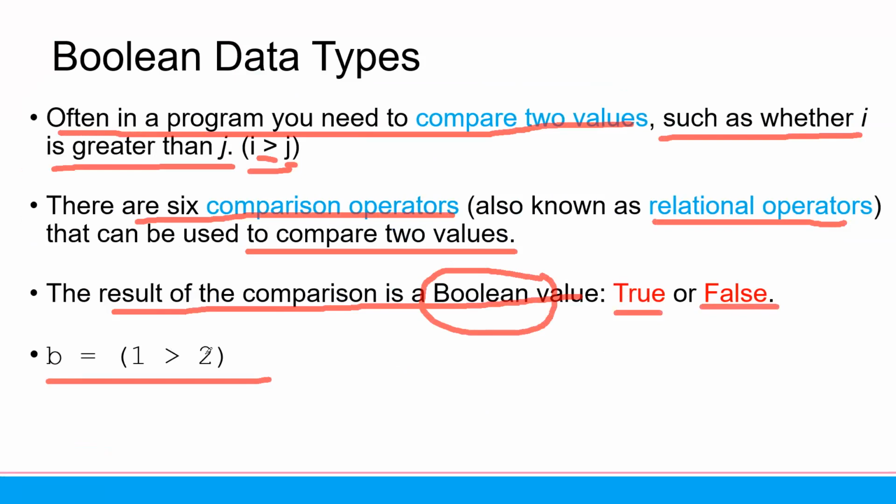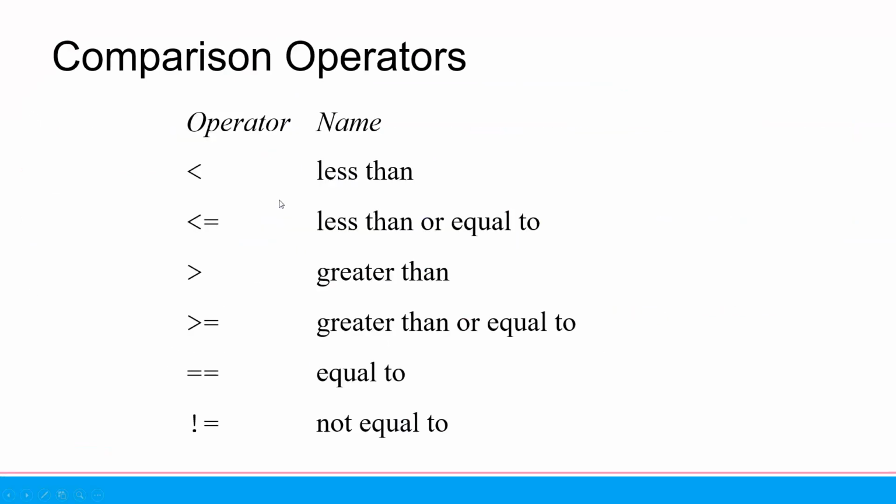What is the result? False. Okay, because surely 2 is greater than 1. And we also have other comparison operators: less than, less than or equal, greater than or equal, equal, and not equal.